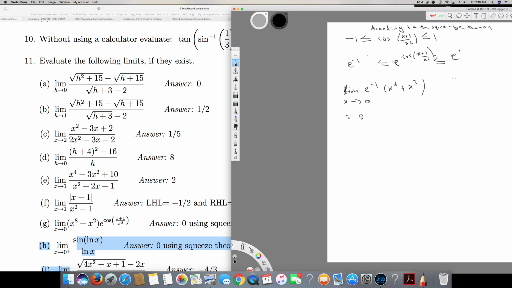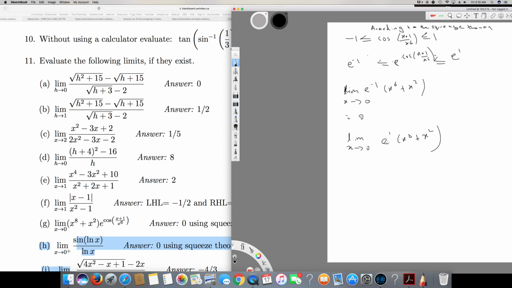So this is 0. Same thing for e to the 1: if I plug in 0, 0 plus 0 multiplied by e is going to be 0. Therefore this is 0, this is 0, therefore the limit is 0.